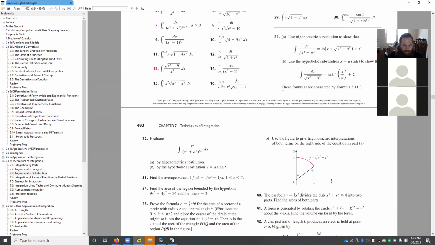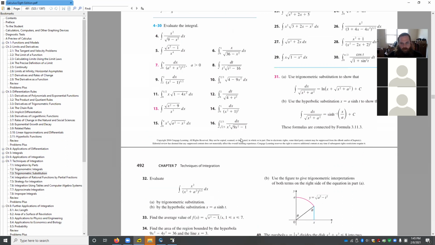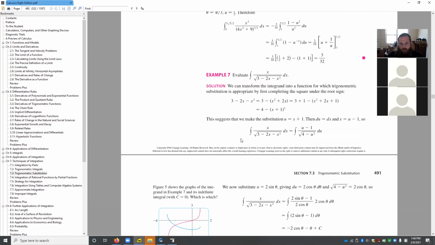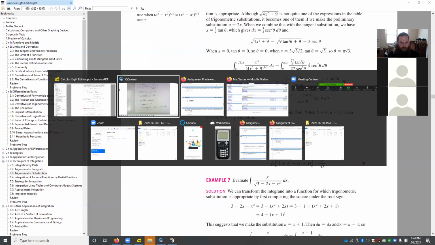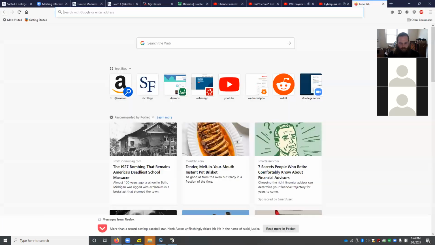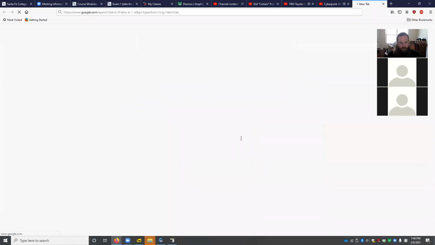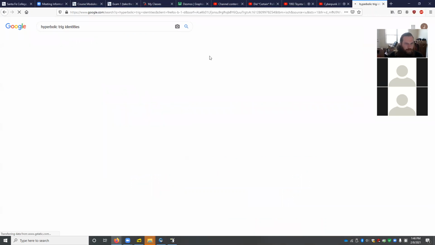So you need to know what the hyperbolic trig identities are, because just like it's the Pythagorean identities for the regular trig functions that make things go, we need to know the corresponding identities for the hyperbolic trig functions. And if I'm honest, I don't remember those off the top of my head right now. We can check real quick, and there might be a way to do this. I want to say that they're similar.